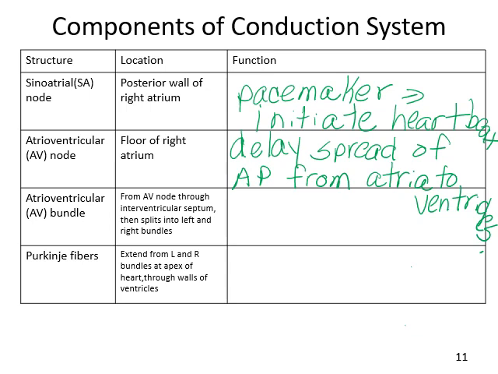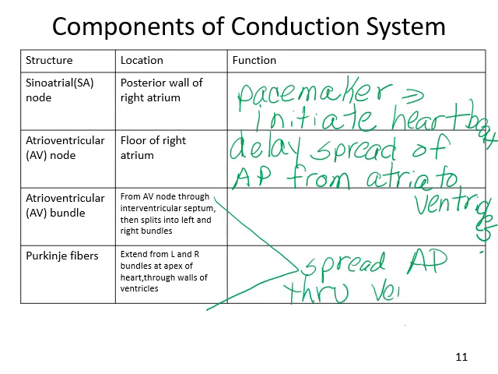And then the AV bundle and the Purkinje fibers are really just spreading the action potential through the ventricles to all parts of the ventricles. Nothing real fancy.